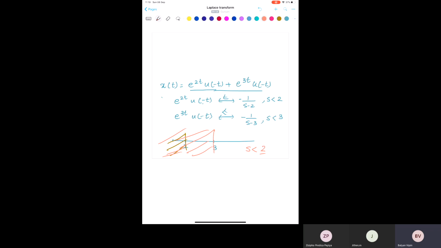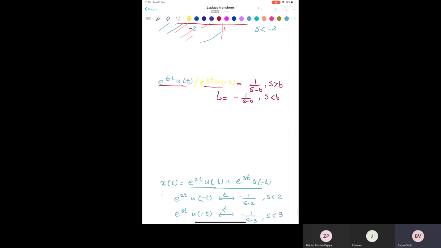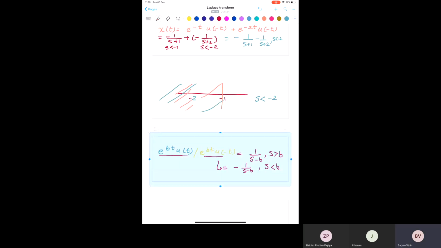I wrote for you that e raised to the power at u of t has this transform if the ROC is this, and a different one if the ROC is that. When you have an inverse Laplace transform, usually the ROC and X(s) are given to you, so based upon your ROC, you will find your inverse Laplace transform.